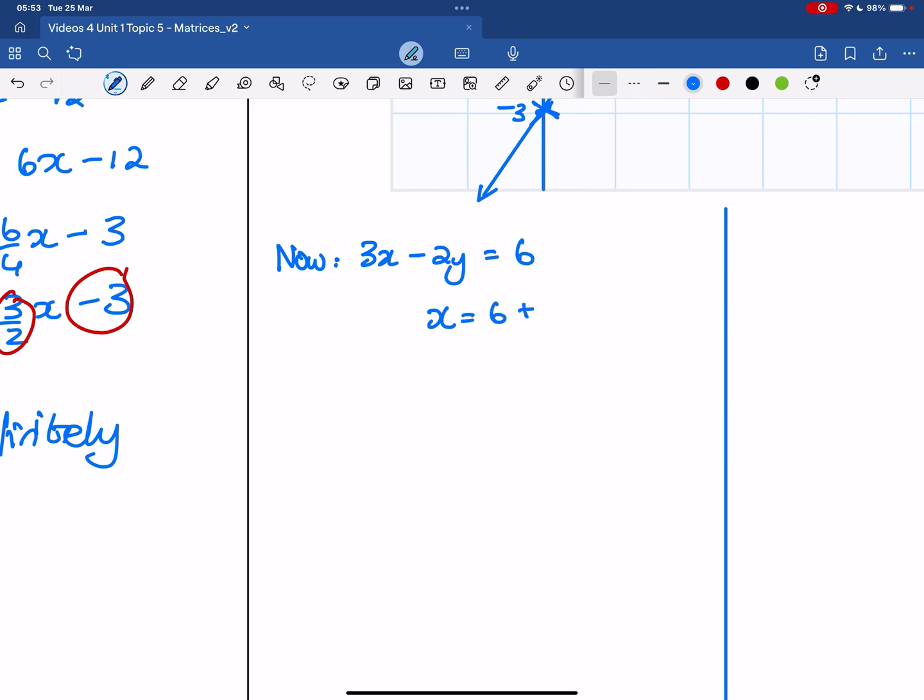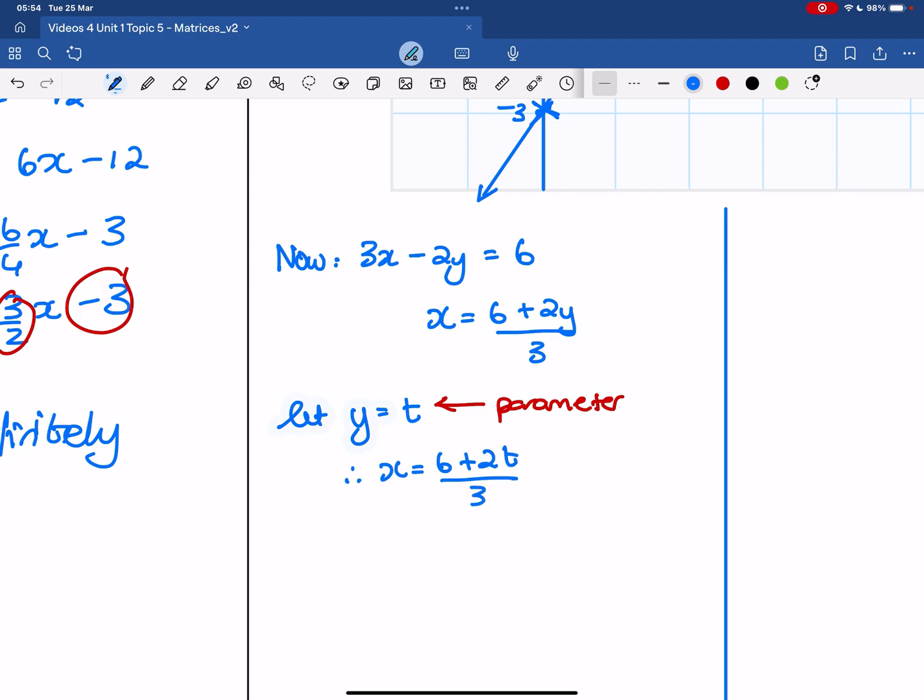So x is 6 plus 2y over 3. That's to find any x coordinate. And then we get y equals t. So this is my parameter now. Therefore, if y equals t, we're now going to make x in terms of t. So 6 plus 2t over 3.